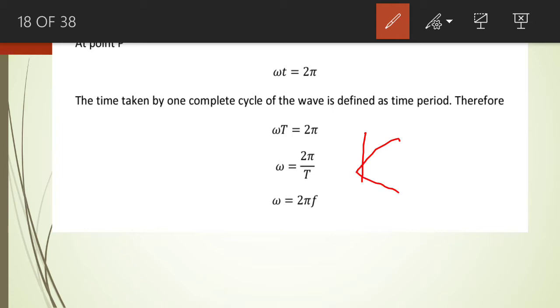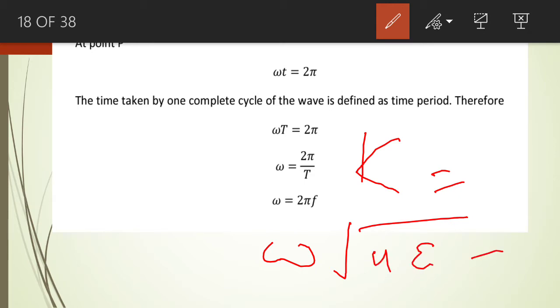Well, the phase constant is represented by k. And we know that k is basically equal to omega under root mu epsilon. We can calculate k with the help of this particular equation, where omega is the angular frequency of the electromagnetic wave, which is equal to 2 pi f.